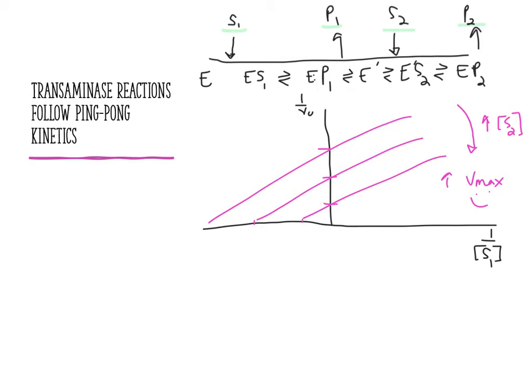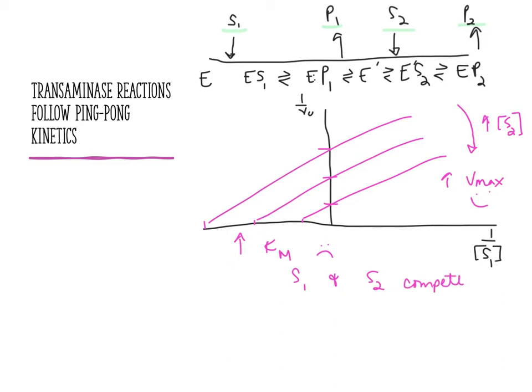What it tells you over here is that as you increase substrate 2, you're increasing Km. Km increases. Well, we know that that's actually not a good thing. But the reason that Km is increasing is because essentially substrate 1 and substrate 2 can compete with each other.